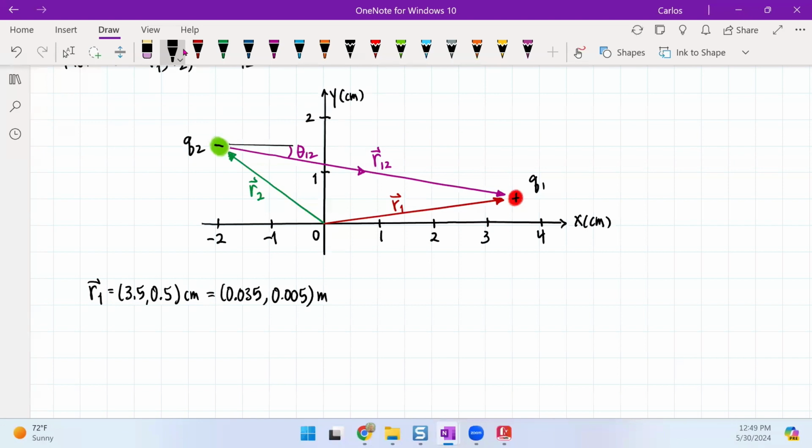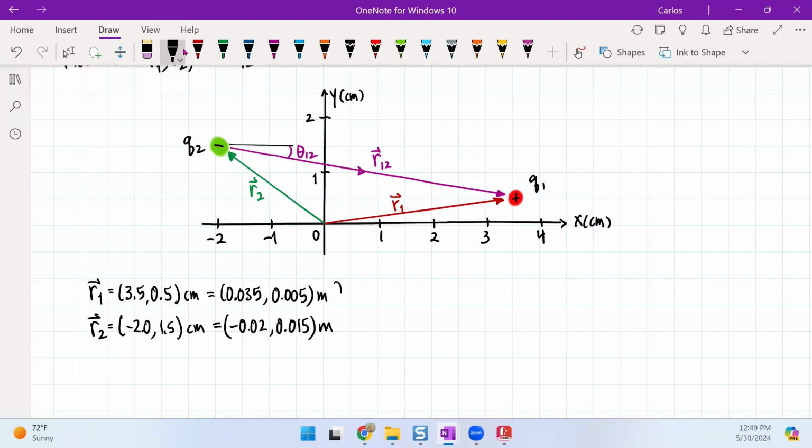That's proper units. If I do the same thing with R2, they gave us minus 2.0 and 1.5 centimeters. So in proper units, this will be minus 0.02, 0.015, and now it's in units of meters.